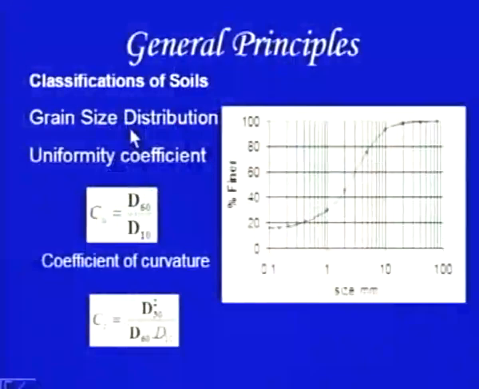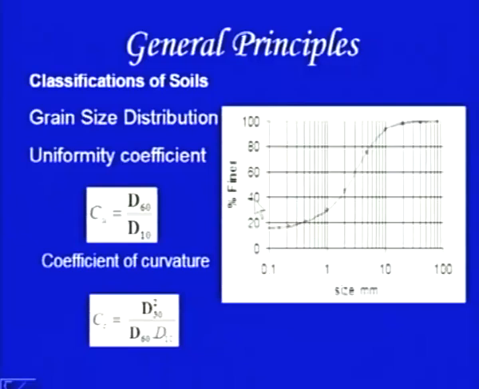And in classification we start with the grain size distribution, which is done using sieve analysis, and the analysis is represented in a grain size distribution curve as shown here. On the x axis we have the size of the particle, and on the y axis it is the percentage finer by weight.